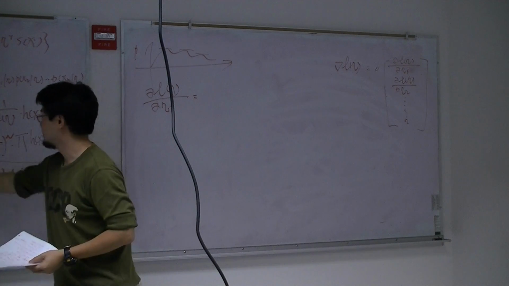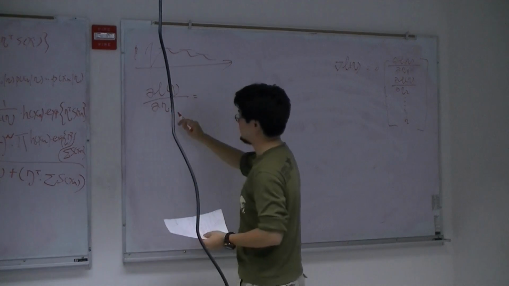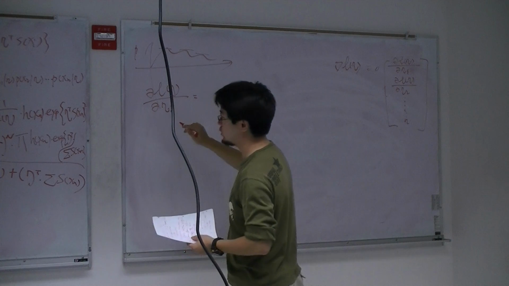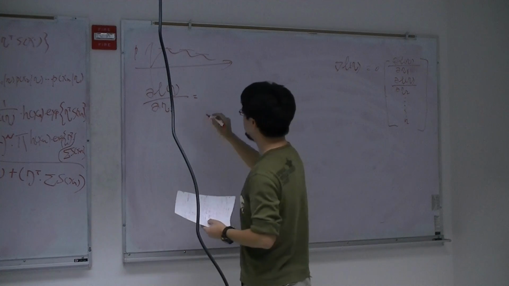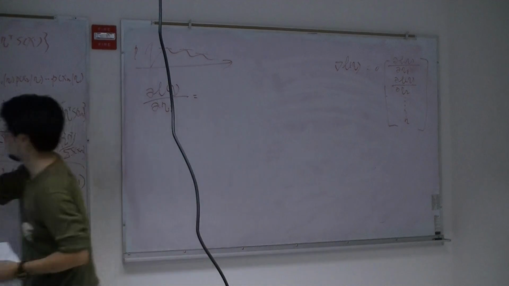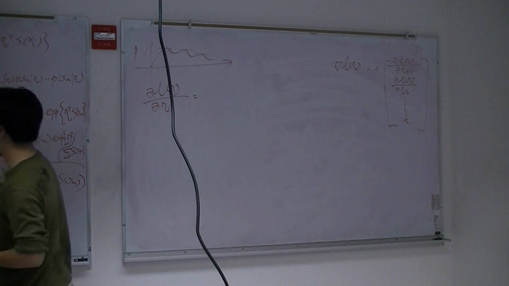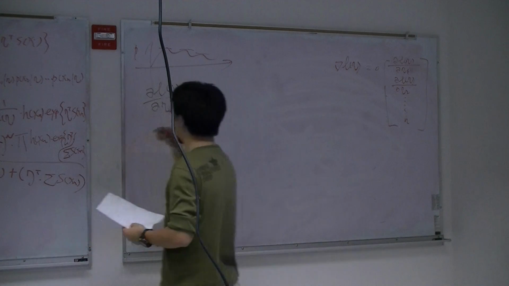So here we just compute the partial derivative with respect to a certain component. Then we get a minus sign, because we take the one over z out of the log.